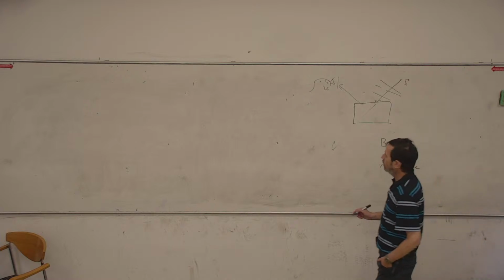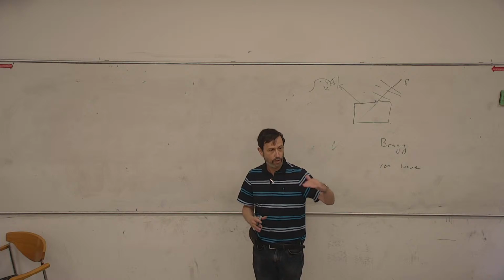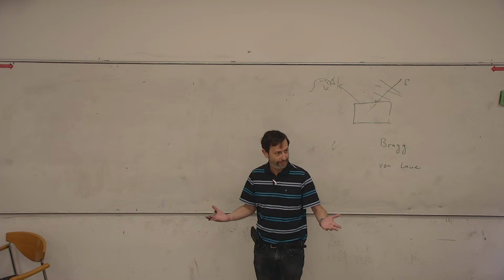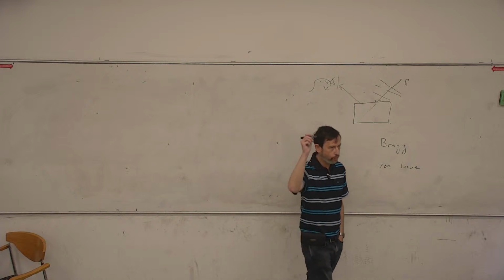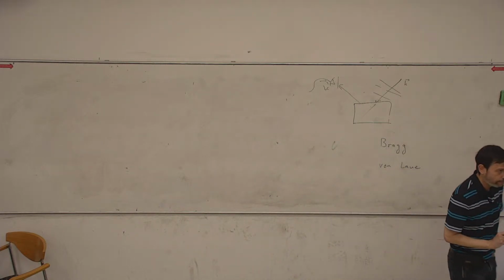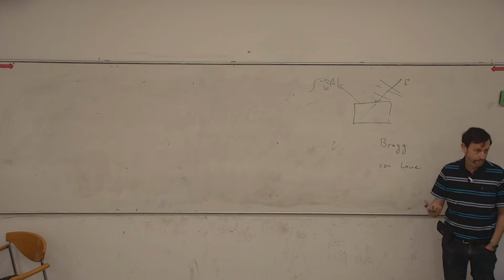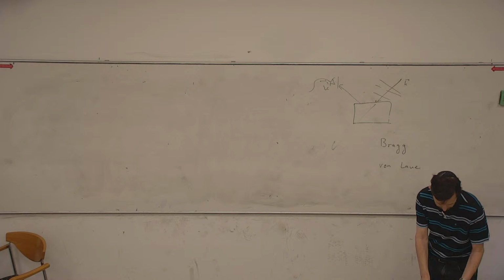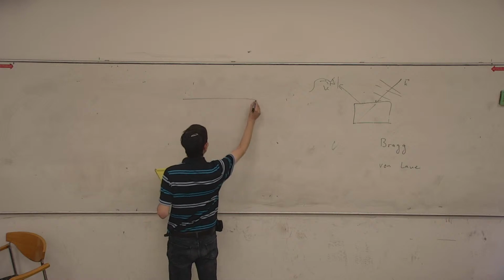Okay, so Bragg took very seriously the description of planes. Why? Because, as you mentioned, it's like a mirror. And he asked, what will be the connection between coming in at K and going out at K prime that will give me positive interference? So let's see what he did there. Okay, so I have two planes.